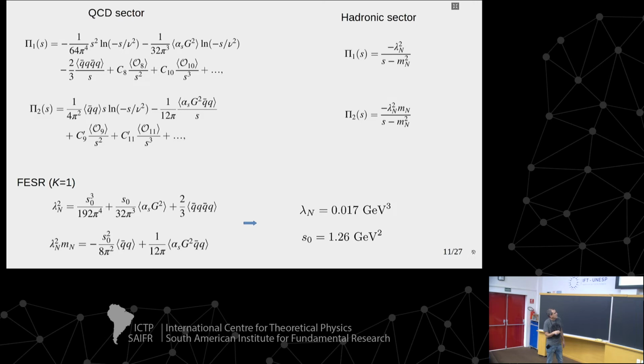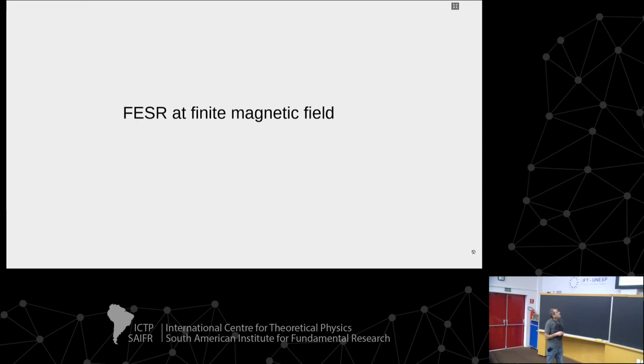With the gluon condensate and with the vacuum saturation approximation, this condensate is the chiral condensate squared, and here we can split the gluon condensate times the quark condensate. We can obtain the hadronic threshold and this nucleon coupling constant. So, yeah, sure.